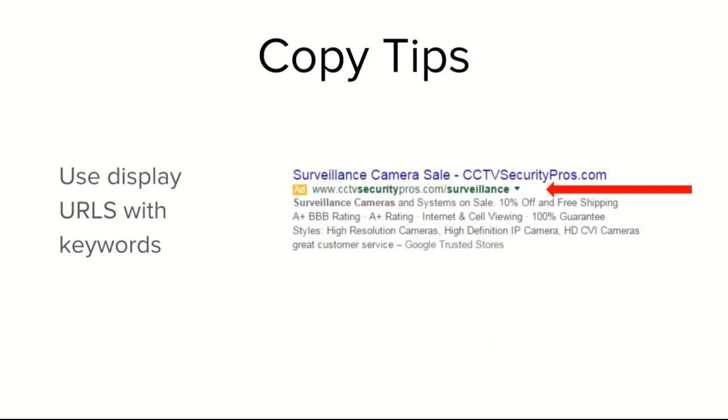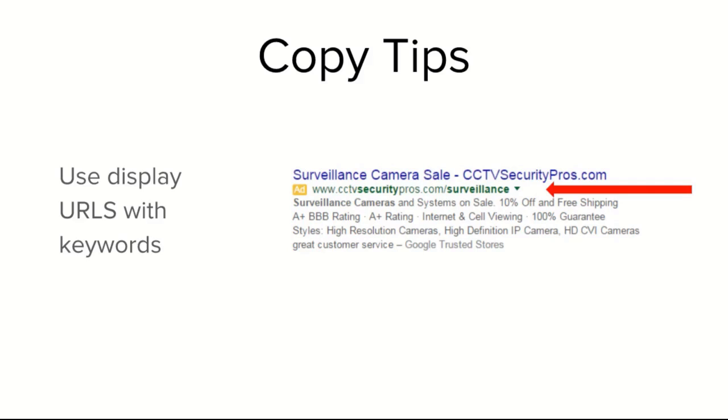And here's another example of keyword relevancy and making sure you're using it in the ad appropriately. Make sure you don't forget to put it in the display URL. Now, one thing I want to point out about display URLs is that these URLs do not have to be actual working URLs.